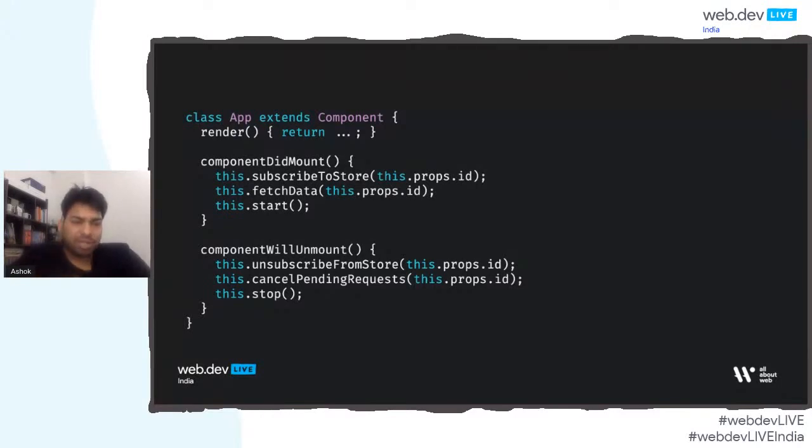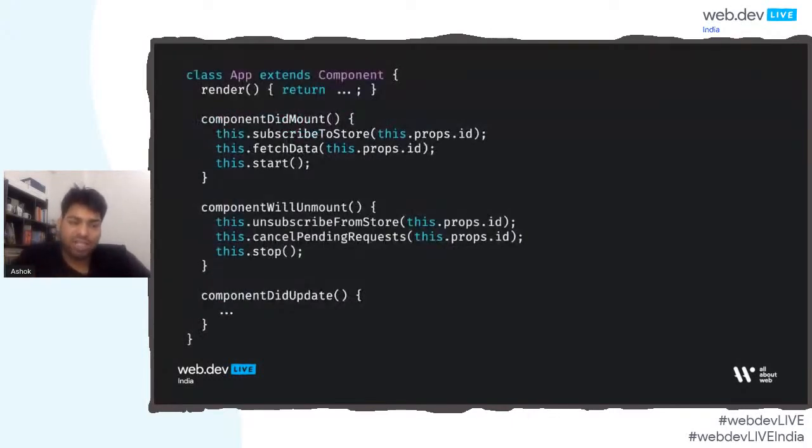I'm unsubscribing the subscription which I created to the store, canceling any pending request which I have, and stopping the timer which I started. Similarly, if we also consider componentDidUpdate, then the whole thing is going to be a little more messy, because in this method you have to compare previous props to next props and then do your logic around that.